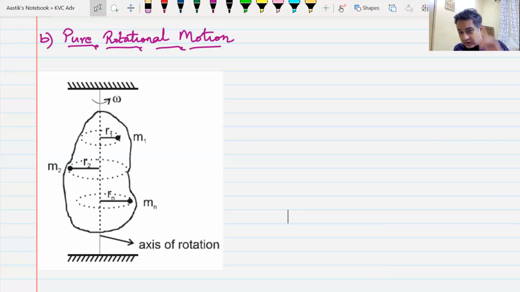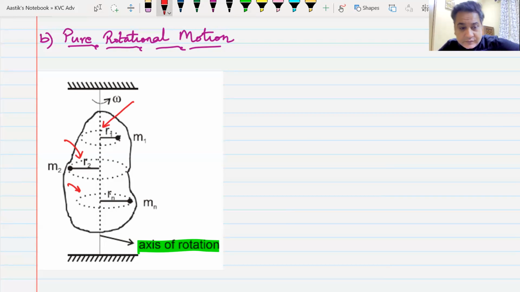That line on which all their centers lie is known as the axis of rotation. Here you can see M1, M2, M3, different particles lying on the same body. They're all moving on a circular path. This is the circular motion of particle 1, this is the circular motion of particle 2, and this is the circular motion of particle 3.